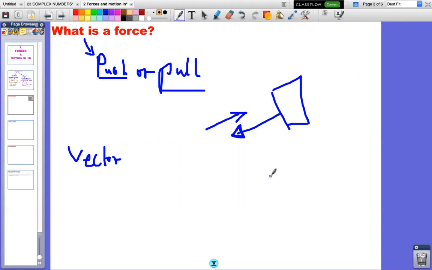If you define this direction as the positive direction and you pull something this way, then that will be a negative force. We use F and we measure force in newtons, N. So the unit is newtons.